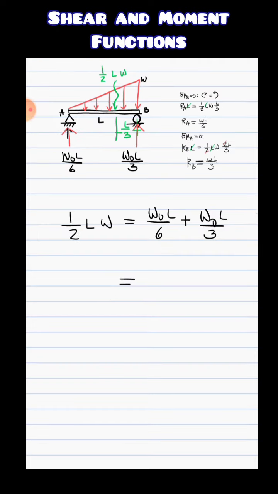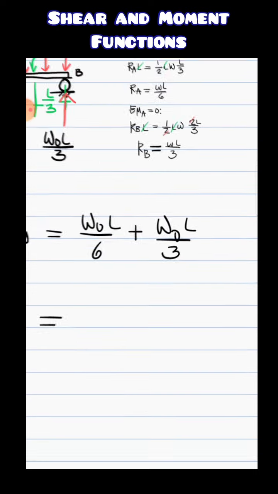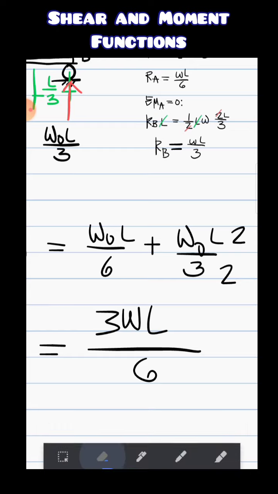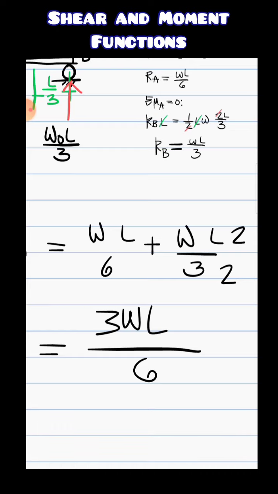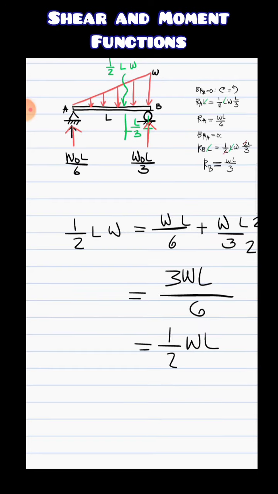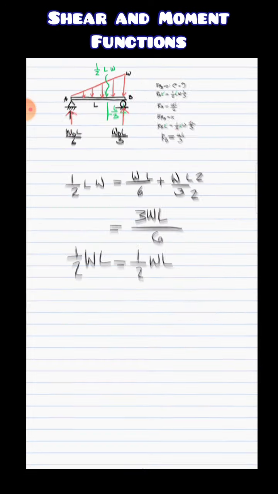Otherwise, if you don't check and you messed it up all the way down, it's more time consuming. It's better late than never. So WL over 6, we make the same denominators: 2WL plus WL is going to be 3WL over 6, so this becomes 1/2 WL, which is indeed equal to 1/2 WL.